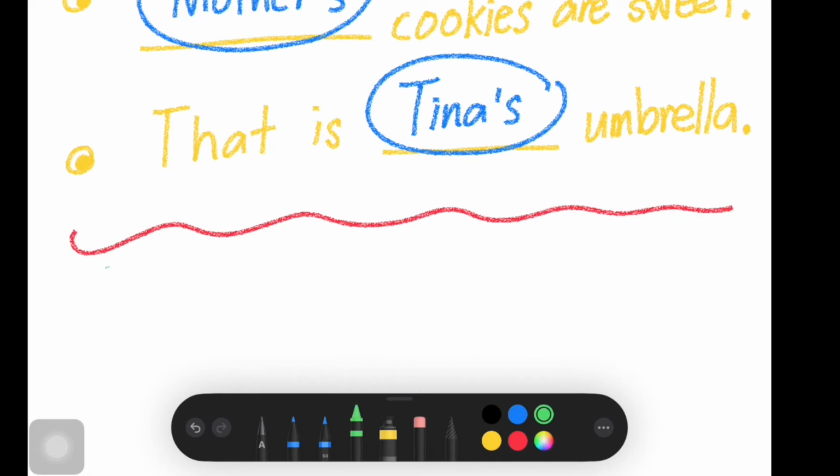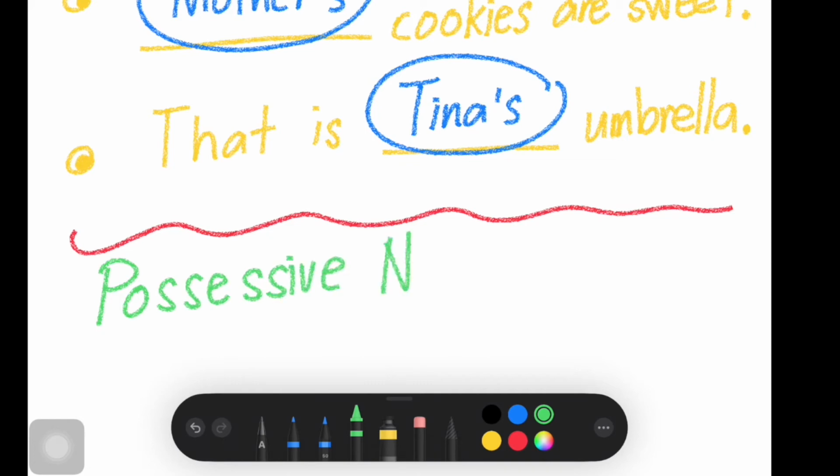Okay, we call them possessive nouns, right? And this is just a quick run through on possessive nouns. I promise I will make a separate video on these possessive nouns, but I just really find it important to discuss, because most of my students always mistake them as nouns when they look for them in a sentence.